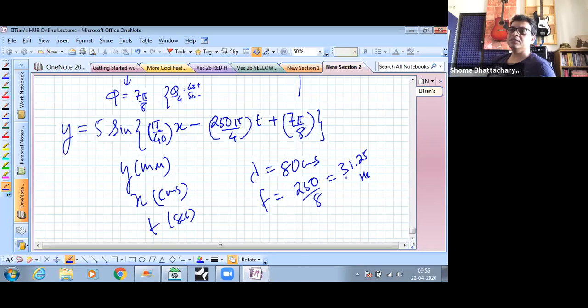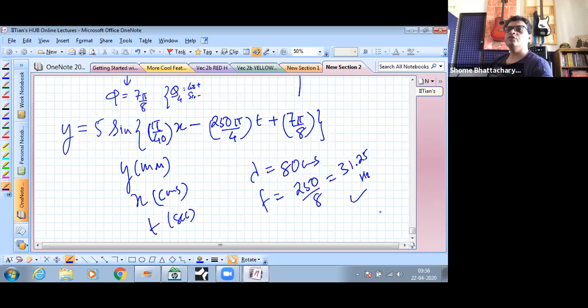It just means that it makes 31.25 cycles in 1 second. It doesn't make a whole number of cycles in 1 second. It makes a fractional number of cycles. So that's perfectly all right. Or you can see that in 4 seconds, it makes 125 cycles, or in 8 seconds, it makes 250 cycles. So that's perfectly fine. No problem there. So that is the complete description of this question.